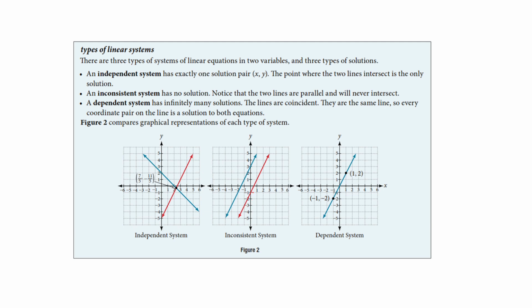These are parallel lines. Because they have the same slope but different y-intercepts, they're never going to touch. That's called inconsistent. And lastly, it is a dependent system if the two lines are literally the same line on top of each other. Well, in that case, they're touching everywhere.